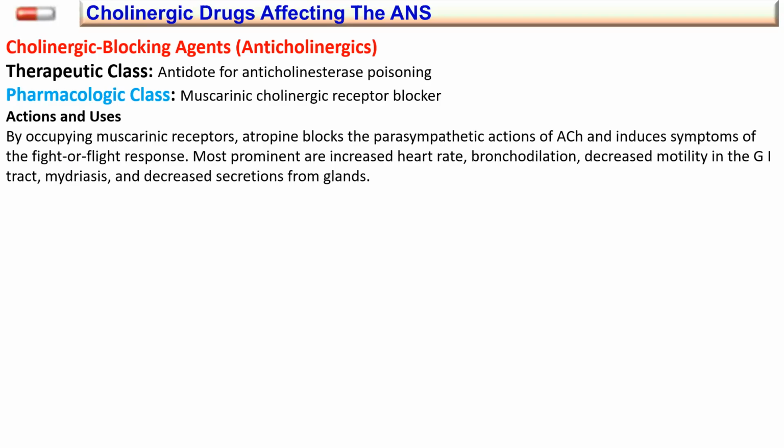The anticholinergics will decrease motility in the GI tract and decrease secretions from the glands. It will make the body dry because it will decrease the secretions from many glands, especially the sweat glands. Mydriasis: it will result in dilatation of the pupils.